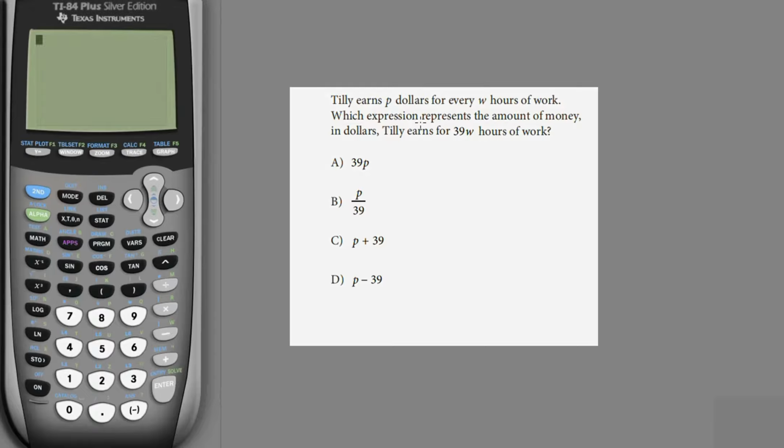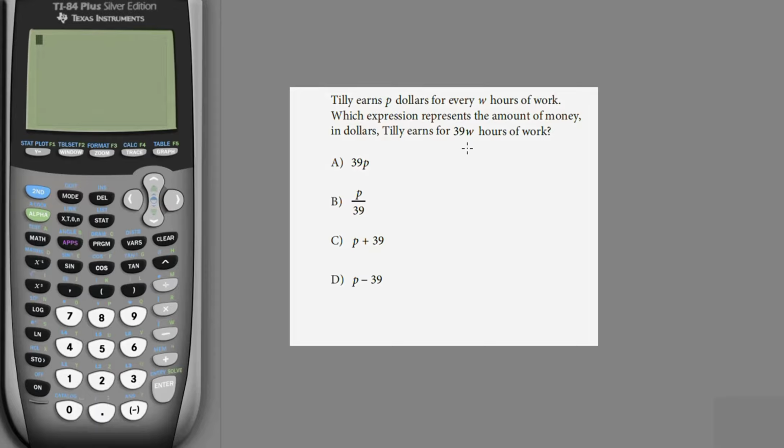So if Tilly earns $P for every W hours of work, now Tilly will also earn $39P for 39 W hours of work. So the right answer to this question is option A.